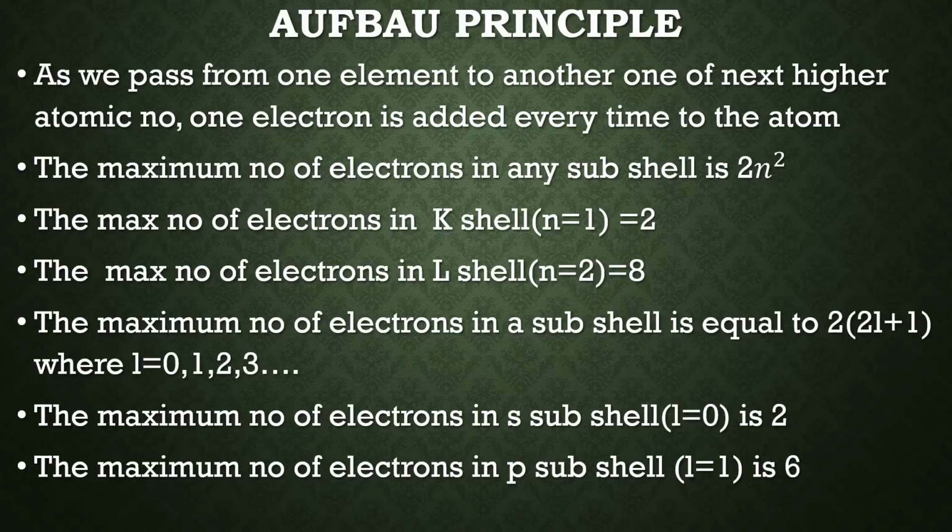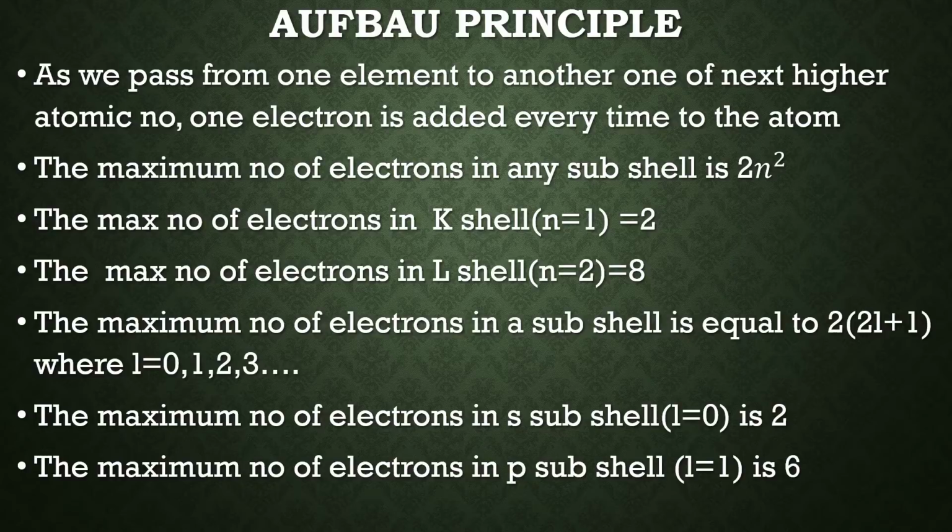The maximum number of electrons in L shell is 8. Similarly, the maximum number of electrons in M shell is 18. The maximum number of electrons in a subshell is equal to 2(2l+1), where l takes 0, 1, 2, 3 and so on, according to the formula 2(2l+1).